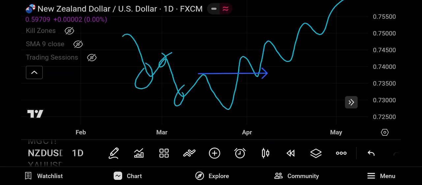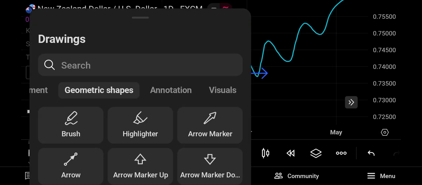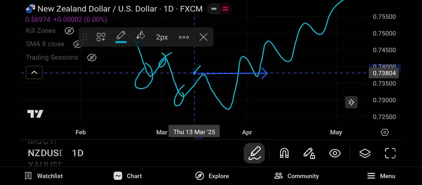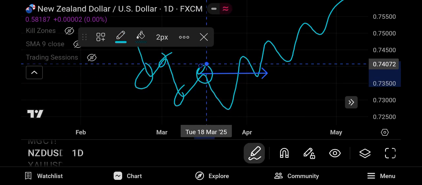Because it closed above the previous lower high. So we ended up violating the trend. That's what a break of structure simply means: a candle closure above a significant high or low.